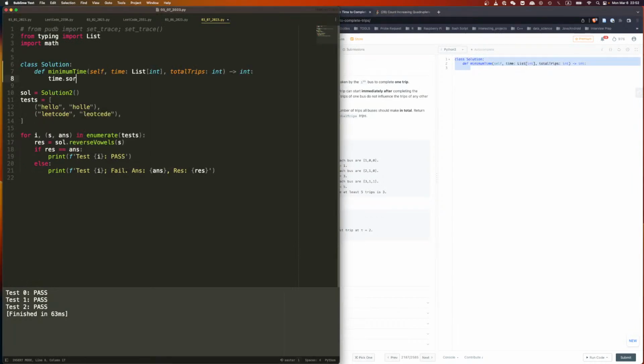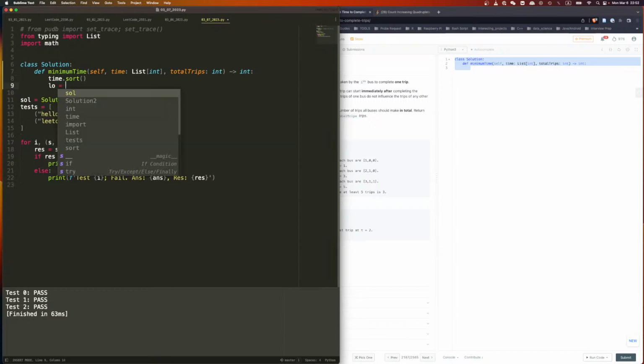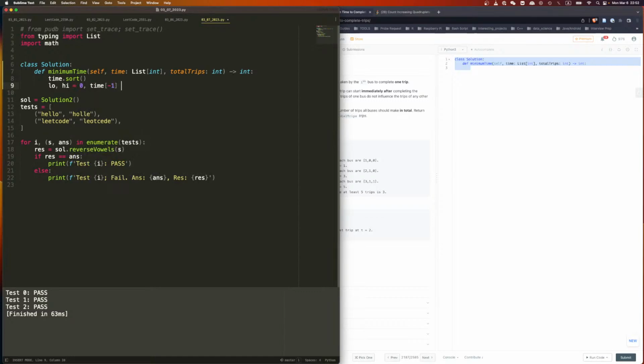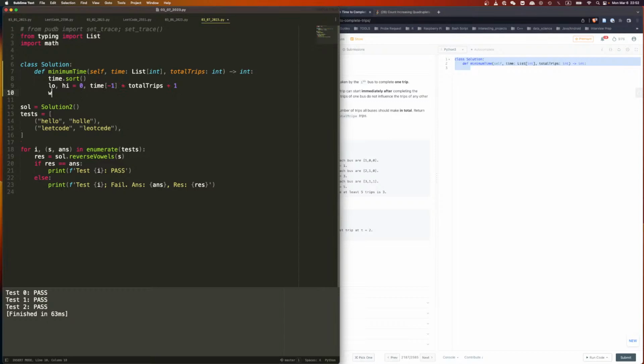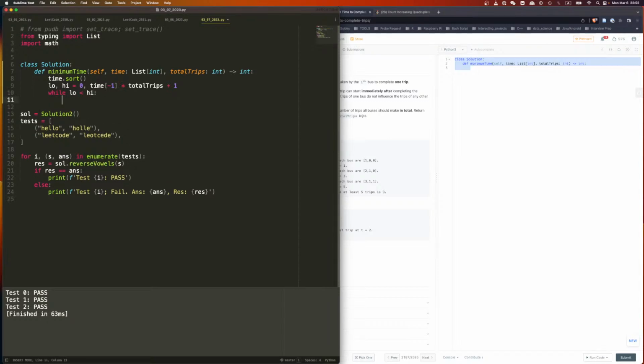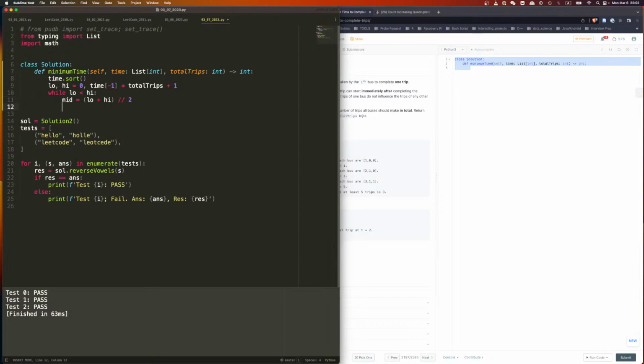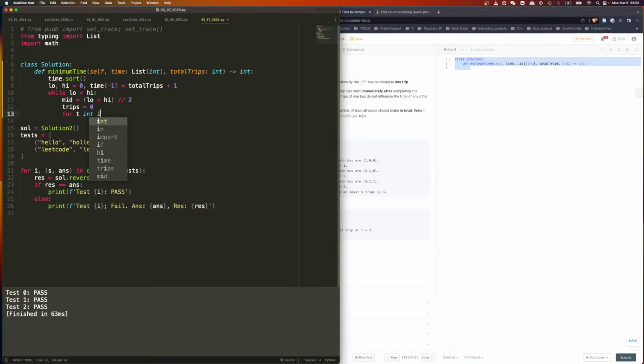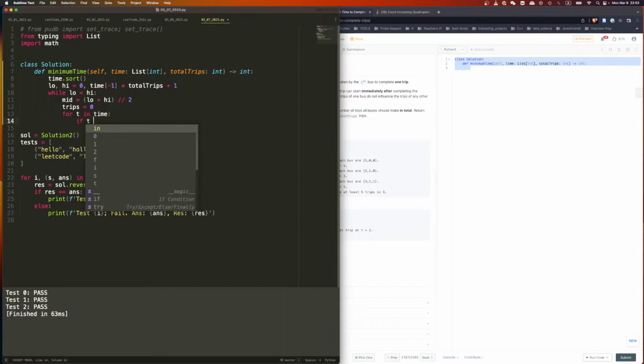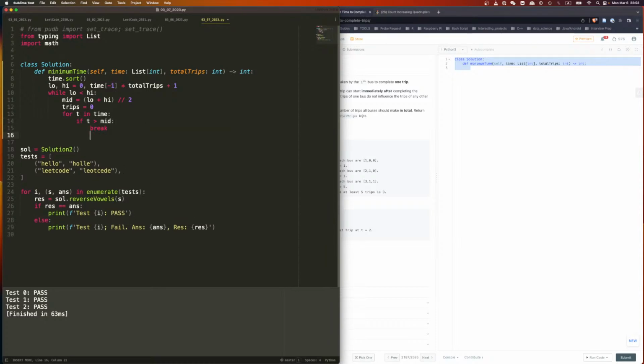So first of all, we need to sort this, and the low shall equal 0, right? High is time minus 1 times total trips plus 1. Okay, while low is smaller than high, mid is low plus high divided by 2, right? Then we say trips equals 0, and for t in time, if t is larger than mid, then we'll break.